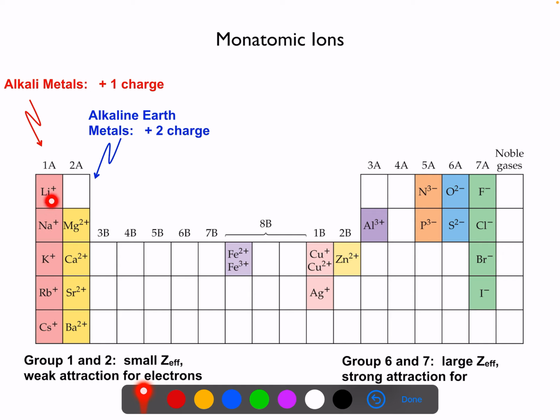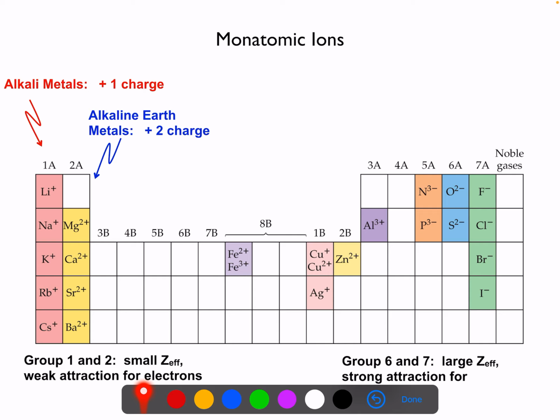That's because they have 1 valence electron. So alkali metals will always be +1. Alkaline earth metals will always form the cation with a positive 2 charge because they have 2 valence electrons that are weakly held. And so when they form a cation, they're going to lose both of those electrons to form a positively 2 charged cation.